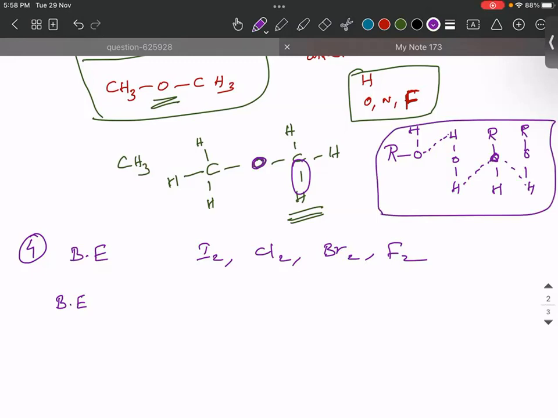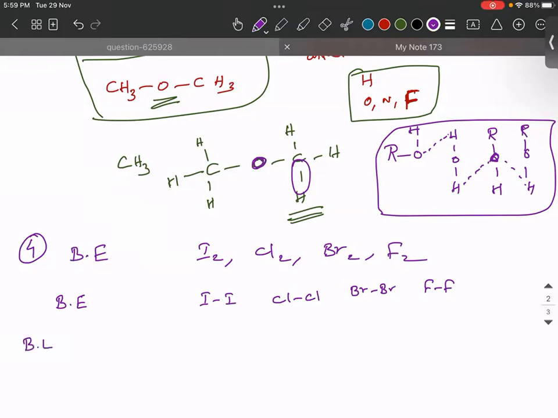So you tell me, which will have the highest bond energy? What is bond energy? The energy required to break the bond. So now you have iodine, chlorine, bromine, fluorine. So what are the bonding parameters we learnt about?